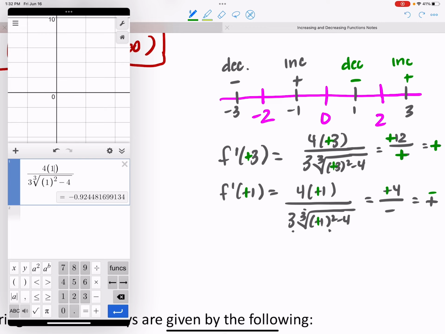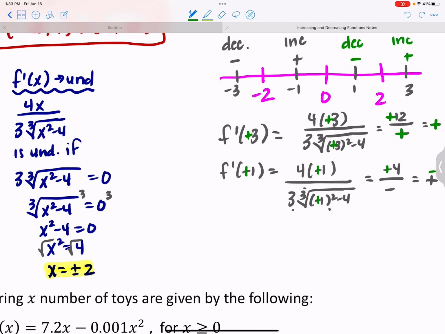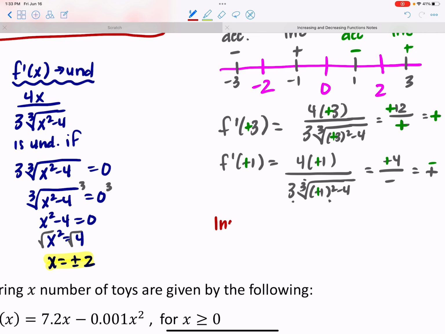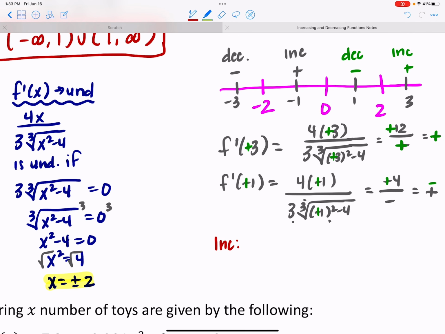Okay, so now that I have that, then I'll go and put my positive 3 in, so let me just take this out. And boom, positive results. Okay, so now I have increasing, decreasing, and that rotation happening a couple of times. So if I was going to answer this, I got my critical numbers, and I would say this function is increasing over 2 intervals. So increasing happens here, and it happens here.